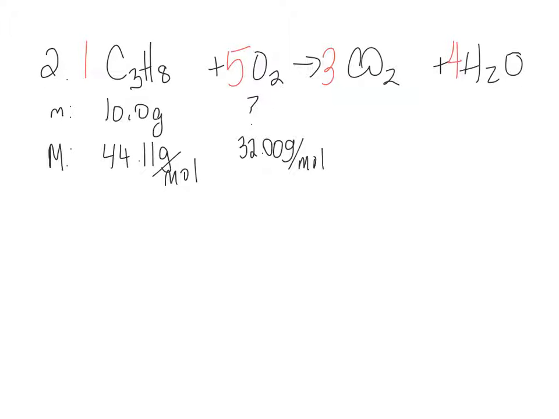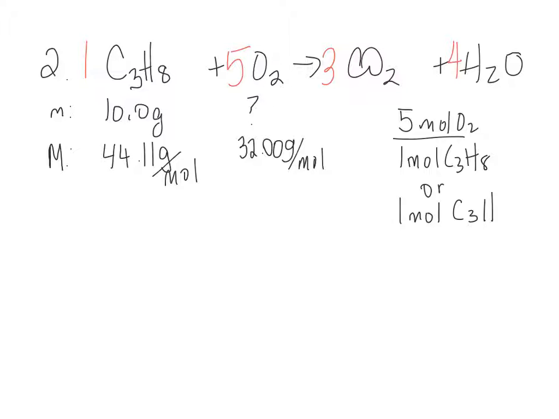So you're either going to have to use 5 moles of O2 to 1 mole of C3H8, or the opposite, the inverted mole ratio. The relationship is the same. We just don't know right now which one we need. So everything you need to know is up there.